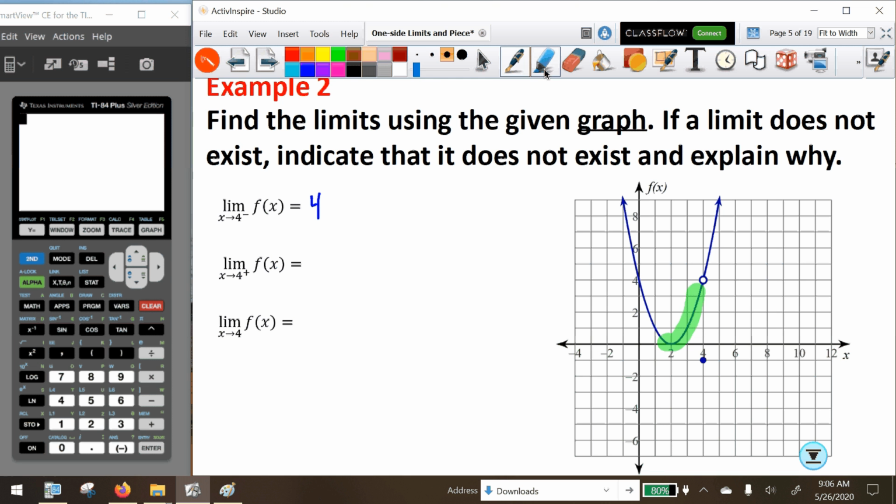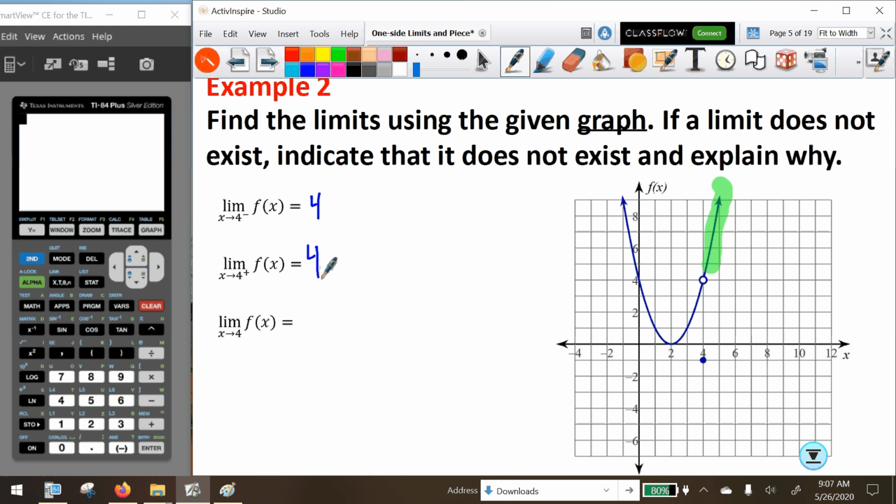And as we approach +4 from the right side, we're doing the right-hand limit now. We're going to get closer and closer to positive 4 on the right side of positive 4. And it looks like the output value is also approaching positive 4 on the y-axis.